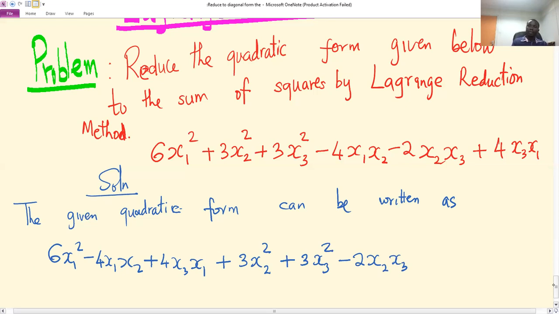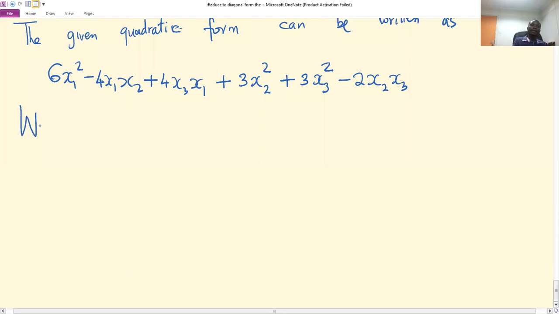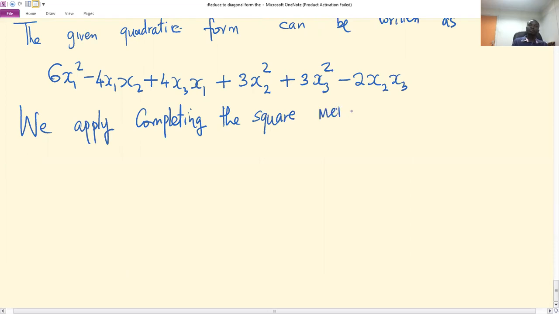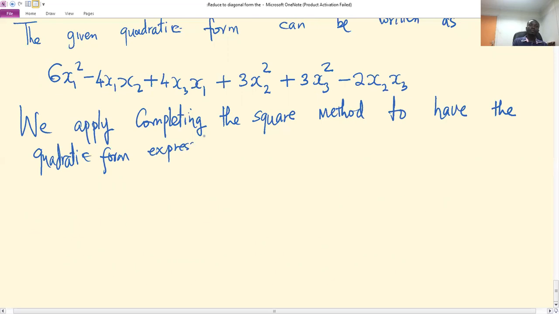So step two, we apply completing the squares to have the quadratic form expressible in squares.